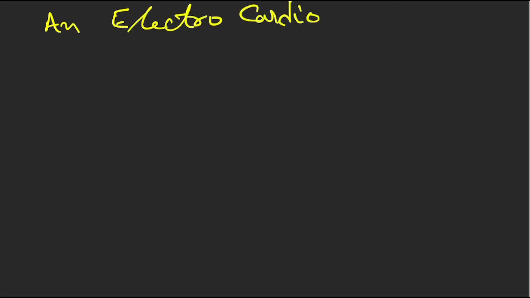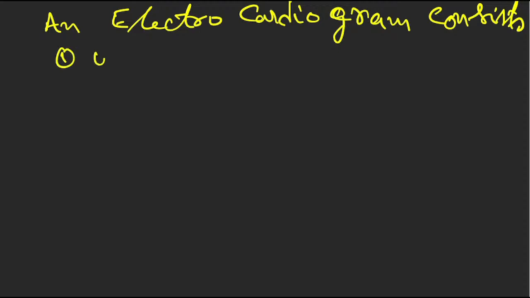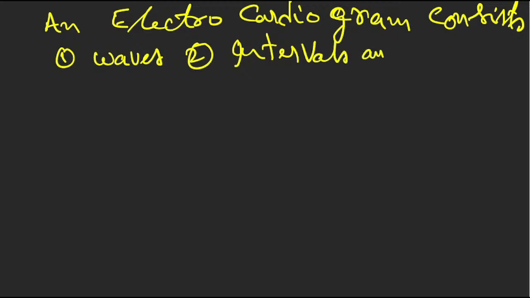So a normal electrocardiogram consists of waves, intervals and segments.